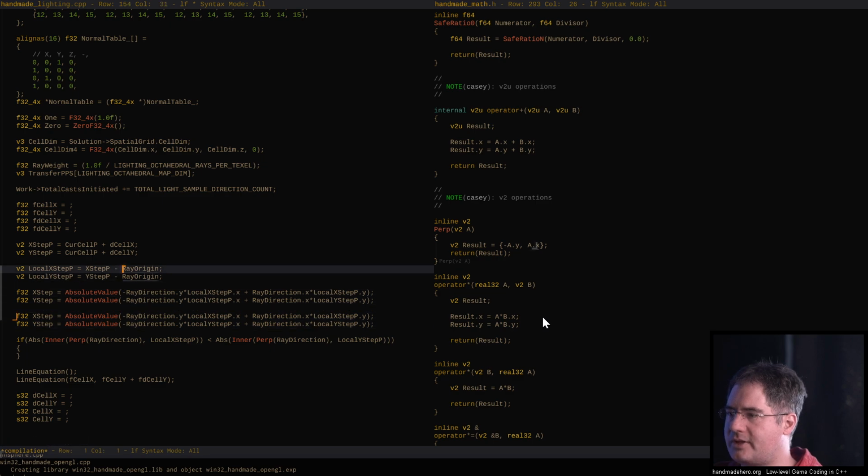So if we were to plug in, let's do one step of plugging in here. If local step x has the minus ray origin built into it, right, then what you would have here is these x's are now going to be like 2 x's, right?